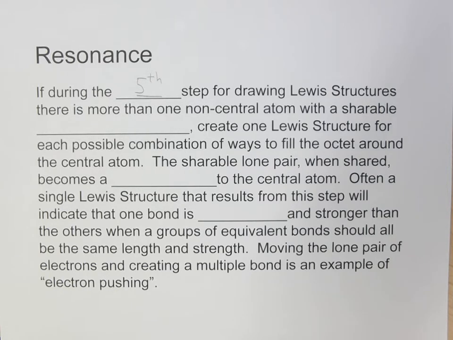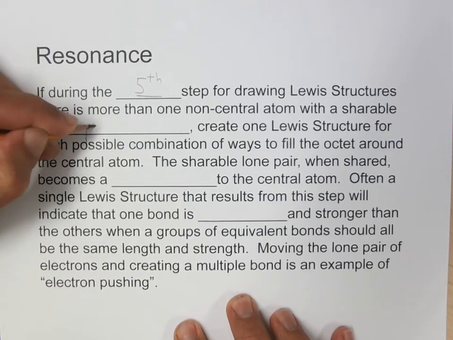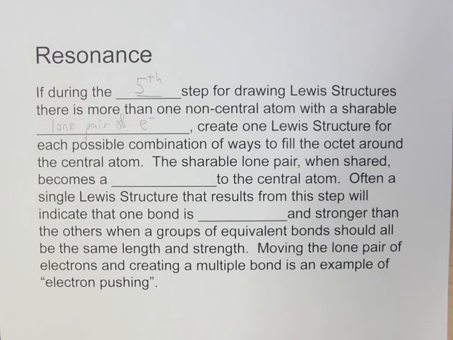If that's the case, where the central atom doesn't have enough electrons in its environment, it causes a non-central atom with a shareable lone pair of electrons to share with the central atom, and that creates a multiple bond to satisfy the octet of the central atom. And I'll do another example to illustrate this in a few minutes.